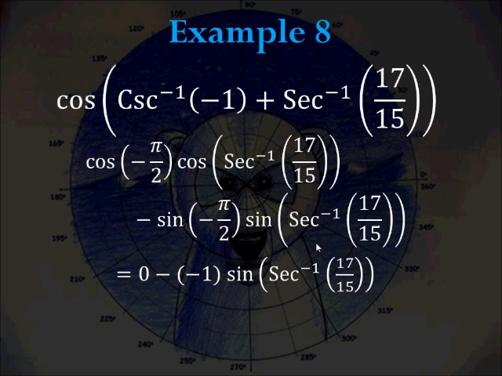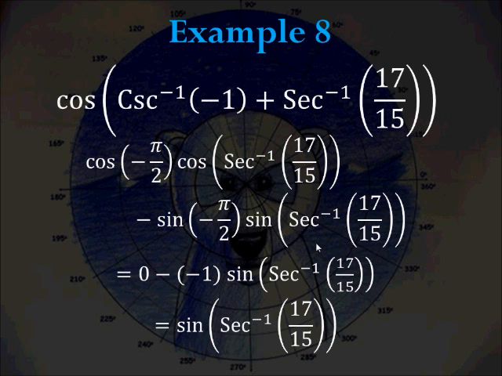So the first expression disappears because the cosine of negative pi over 2 is 0. So we have 0 minus negative 1 times sine of the inverse secant of 17/15, which we haven't tackled yet. If you knock out the 0 and flip the sign over, that expression at the beginning equals sine of the inverse secant of 17/15.